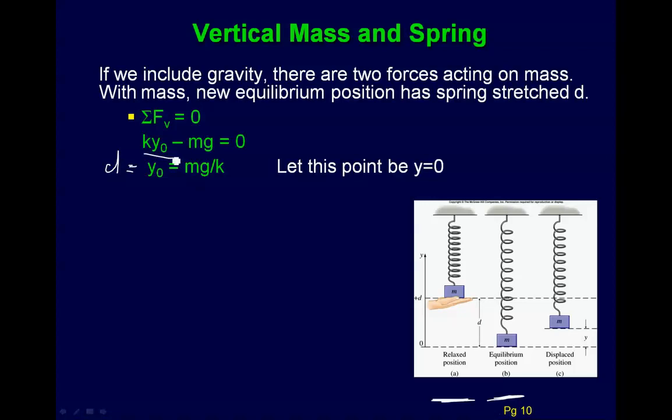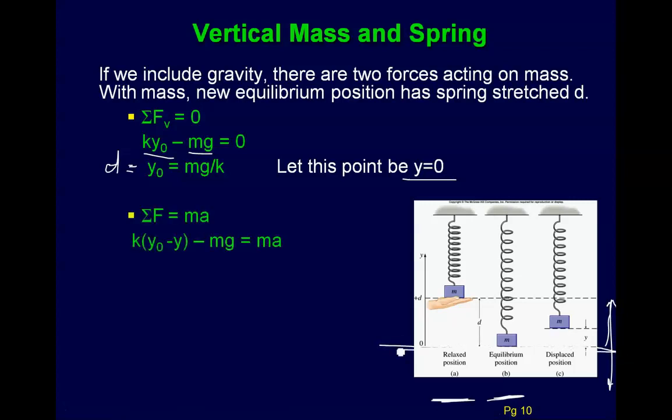So here's the spring force, k times y naught minus mg equals 0, and we call that distance d. If we make this our new 0 point, then when the spring oscillates, like in case C over here, it's going to oscillate about this new equilibrium position.